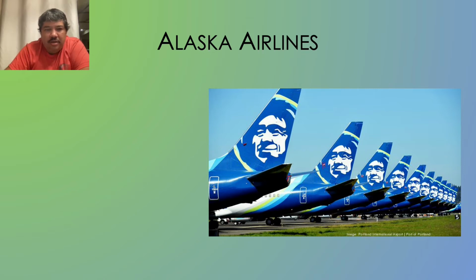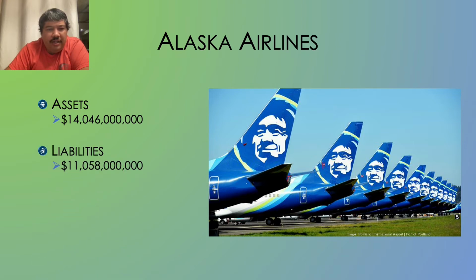All right, now we'll look at Alaska Airlines. Assets are $14.046 billion. They also have liabilities of $11.058 billion and an equity of just shy of $3 billion.